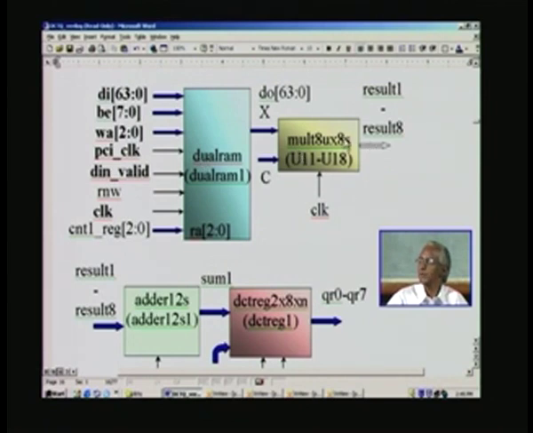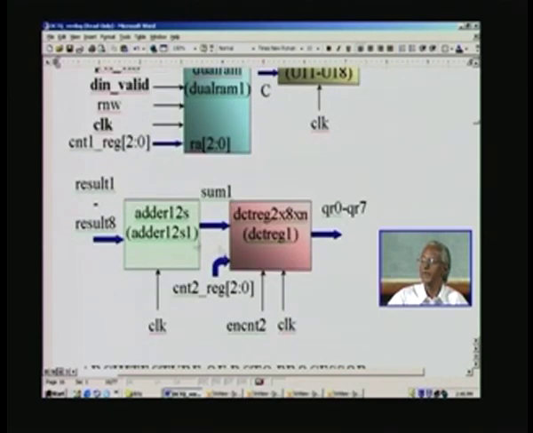So, out comes the result, which is nothing other than CX. The 8 products are available and they are designated as result 1 through result 8, and all of them need to be added, for which we can use our previously designed adder, which is the add 12s. You recollect that it is not registered. I mentioned therein that it is not registered for a particular reason.